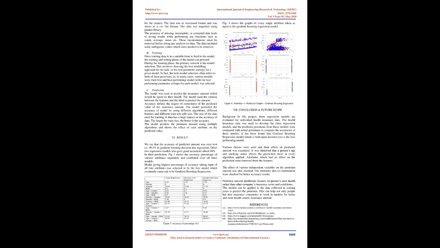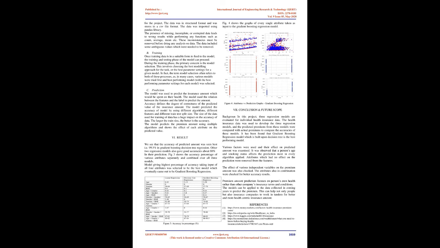The data was imported using the Pandas library. The presence of missing, incomplete, or corrupted data leads to wrong results while performing any functions such as count, average, mean, etc. These inconsistencies must be removed before doing any analysis on the data. The data included some ambiguous values which needed to be removed.